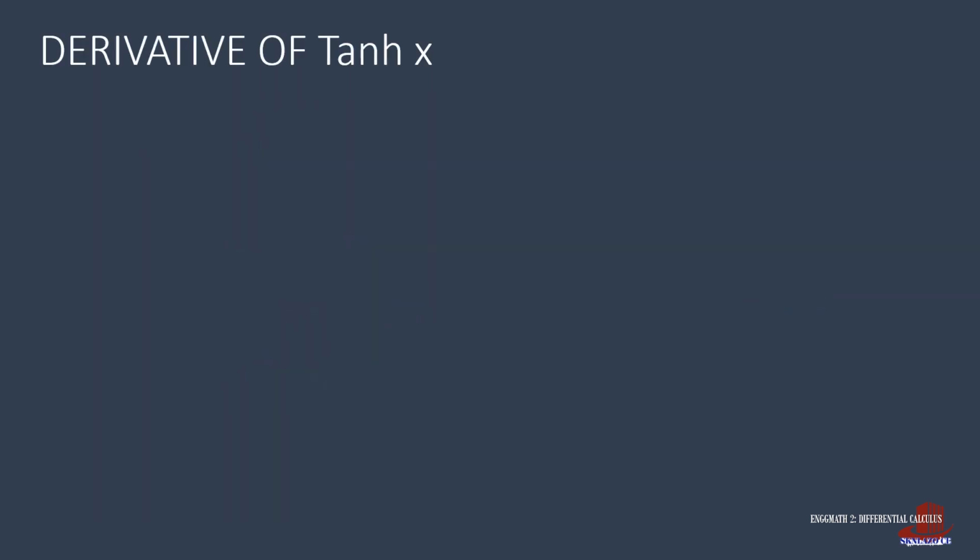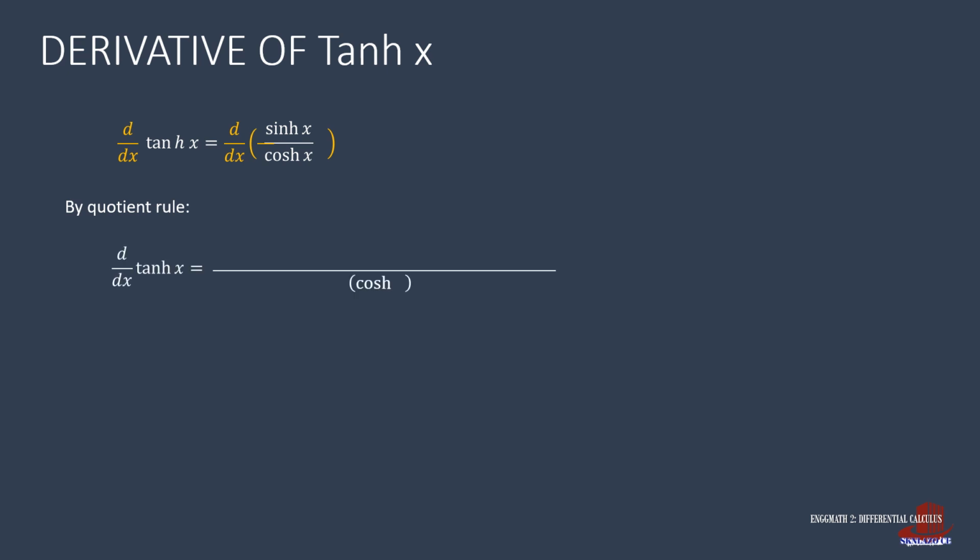To derive the derivative of hyperbolic tangent, use the identity that tangent is sine all over cosine. By quotient rule, the derivative then turns into the square of hyperbolic cosine in the denominator. The numerator follows the low d high minus high d low rule.